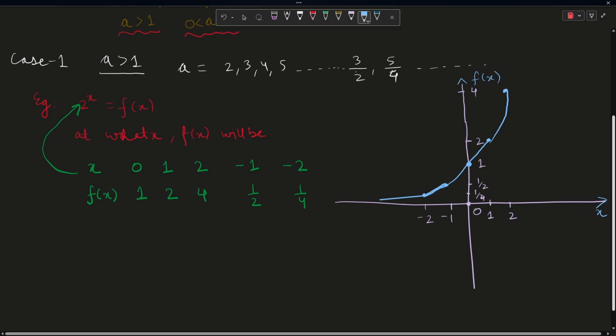So what I can say is that the graph of f of x equal to a to the power x, where a is greater than 1, is a curve, not a linear graph, and it is increasing.